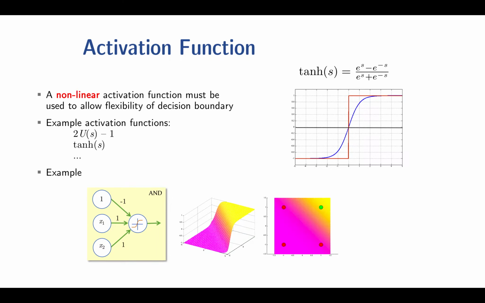This is what it looks like in color. Notice there's more pink here, and then it changes smoothly to yellow. The step has become smooth. When I threshold this to get a decision, I'll still get the same linear decision boundary, but the underlying function has changed a bit.